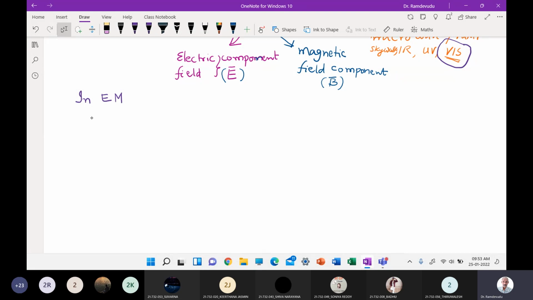Maxwell, a very important scientist, proved that light waves belong to the EM spectrum, the electromagnetic spectrum.